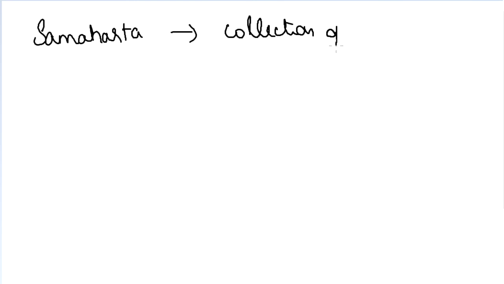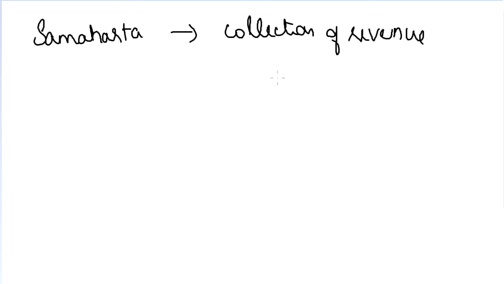Now if we see the next one, that is Samaharta. He was in charge of collection of revenue. Sannidhata was in charge of the storage of royal treasure and state income.